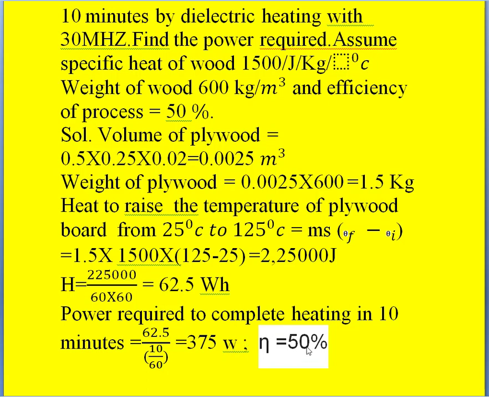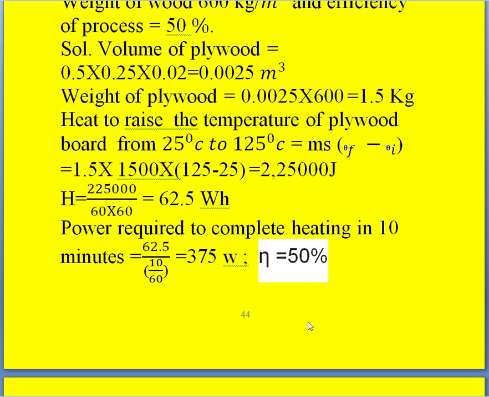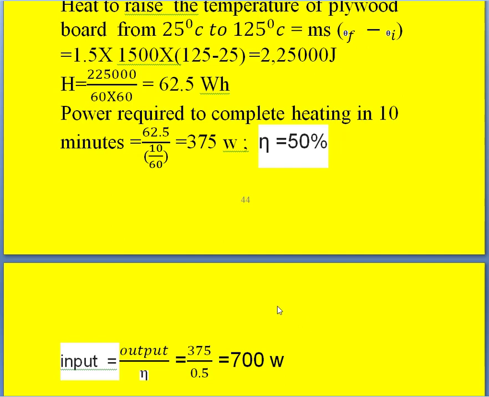He gave the efficiency of this system as 50%. So what is the input power required to get this output of 375 watts? We can calculate like this. We know efficiency is nothing but output by input. So from that we can write input is equal to output by efficiency.